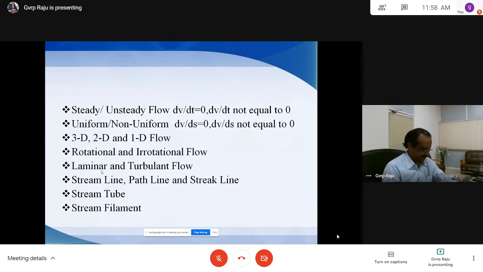Then streamline, path line, and streak line.